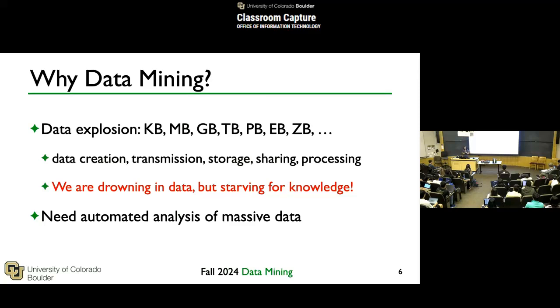Here, there's one thing I would like to highlight. When we say automated analysis, that doesn't mean you just put the data in some kind of machine, let it run, and it spits out some information. The whole data mining process is highly interactive, meaning there's a lot of interaction in understanding the problem, understanding the data, and choosing a method.